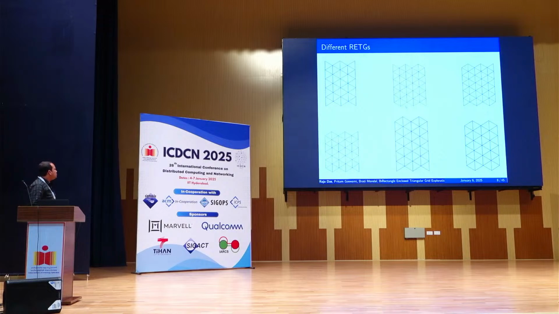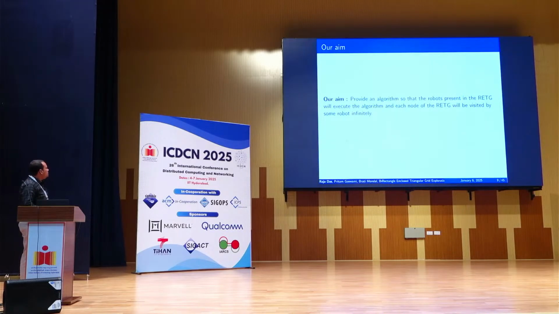Depending on the degrees of the corner nodes, here it is degree 2, but here it is degree 3. So depending on the degrees of the corner nodes, there can be 6 types of rectangle enclosed triangular grids. Our aim is to provide an algorithm so that the robots present on that RETG will execute the algorithm and each node of the RETG will be explored.